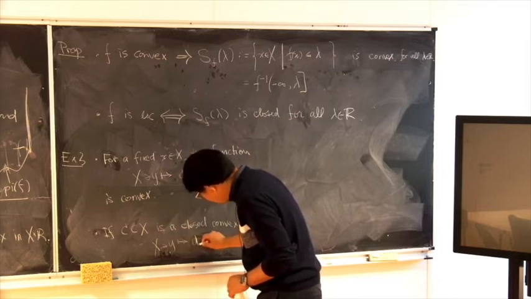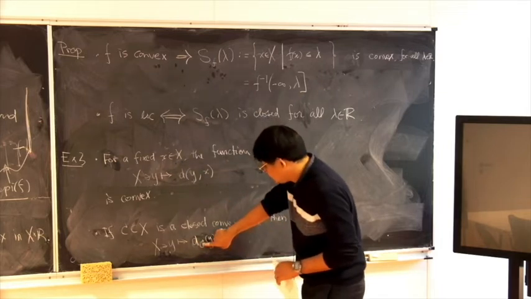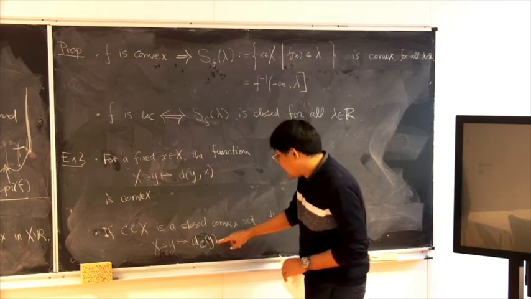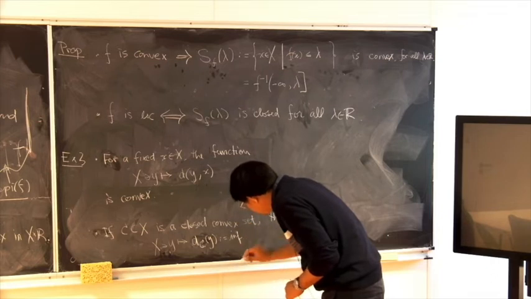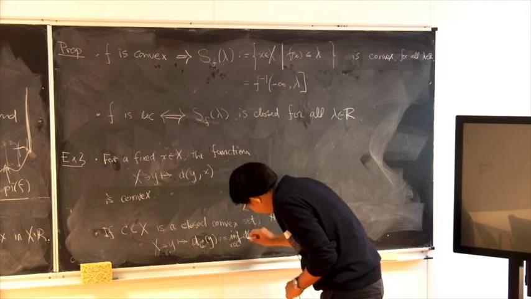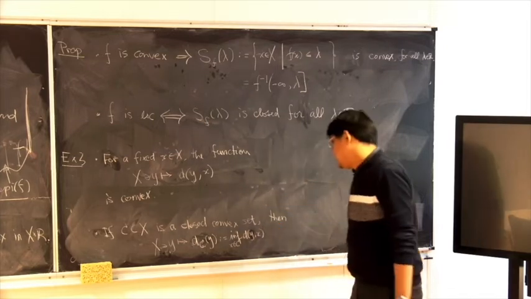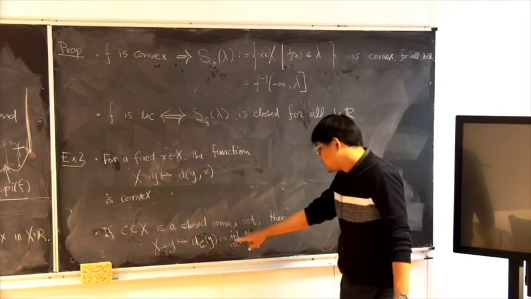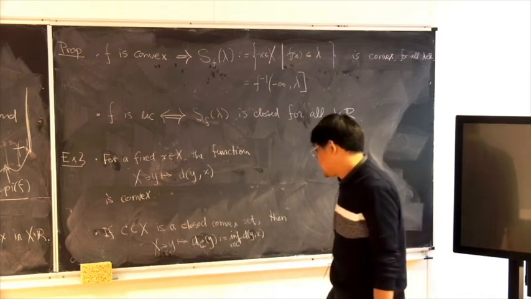Actually, we have the notation like this: dC of y, which is nothing but the infimum over x from the set C of the distance from y to x. So it's the distance from y to the closest point of C. Okay, so this is a convex function.